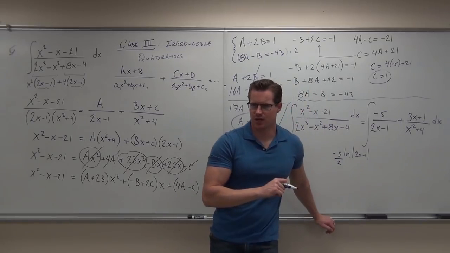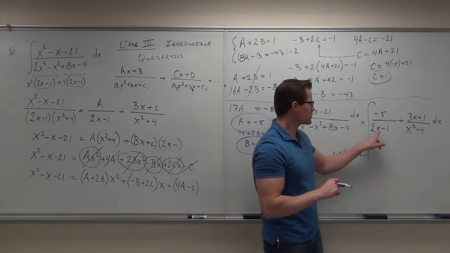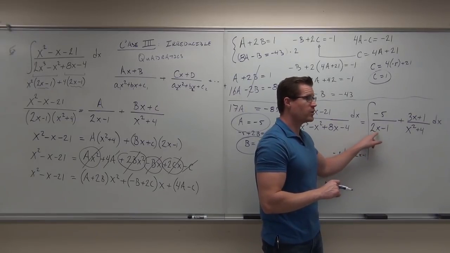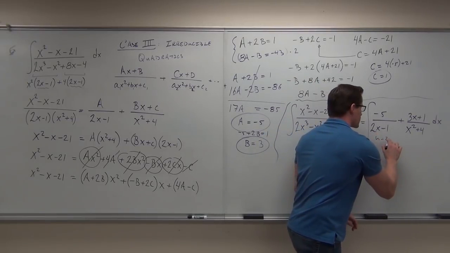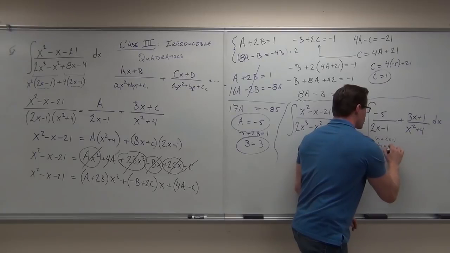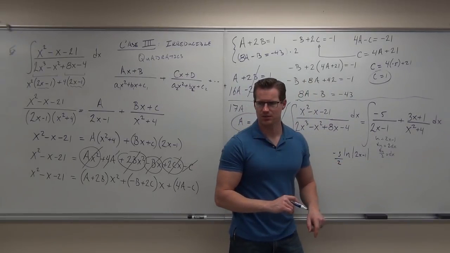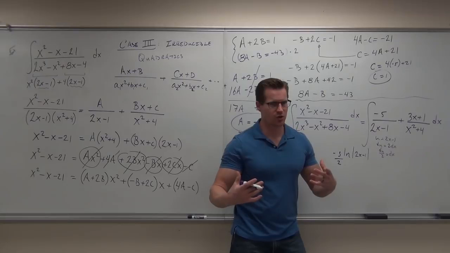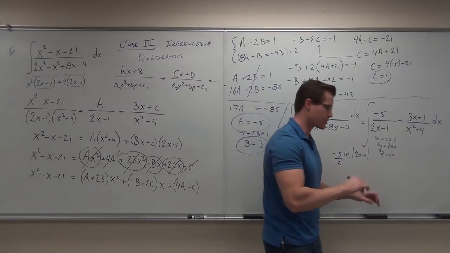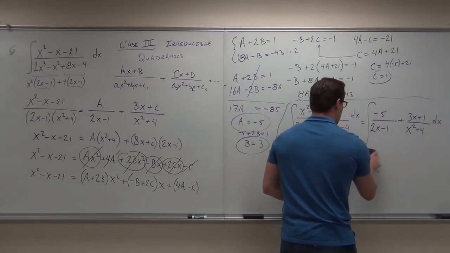Do you see where the over 2 is going to come from? It's a little u sub right here. If u equals 2x minus 1, du equals 2 dx, or du over 2 equals dx. The over 2 is from right there. Does that make sense to you? I do those in my head. If you need to show your work, you show your work. Don't get those wrong. Now I'm going to show that to you in a little bit.